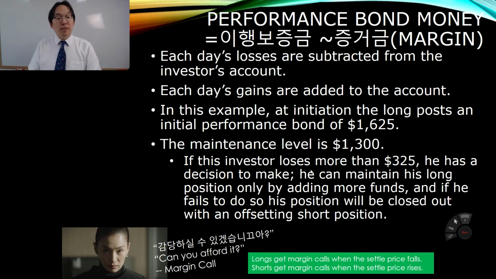So if this investor loses more than $325, he has a decision to make. He can maintain his long position only by adding more funds. And if he fails to do so, his position will be closed out with an offsetting short position.